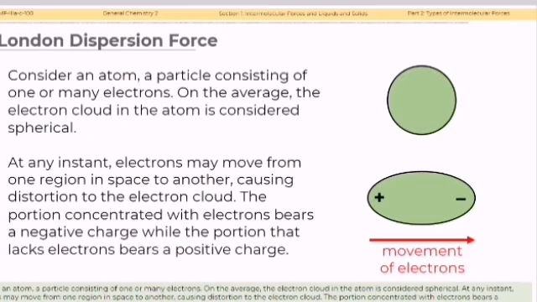Consider an atom, a particle consisting of one or many electrons. On the average, the electron cloud in the atom is considered spherical. At any instant, electrons may move from one region in space to another, causing distortion to the electron cloud. The portion concentrated with electrons bears a negative charge, while the portion that lacks electrons bears a positive charge.